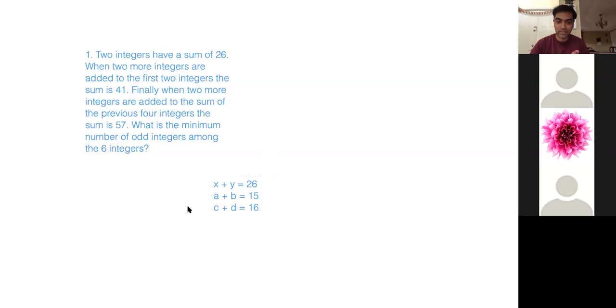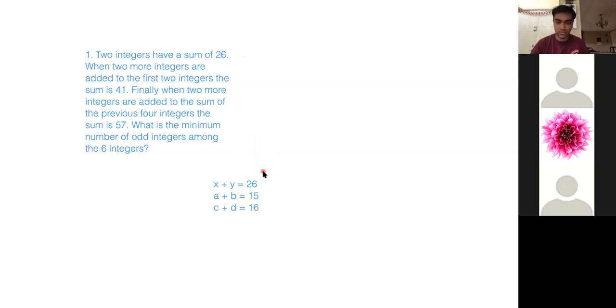So after that, it says what is the minimum number of odd integers among the 6 integers. And so I know that odd plus odd equals even, even plus even equals even, and odd plus even equals odd.